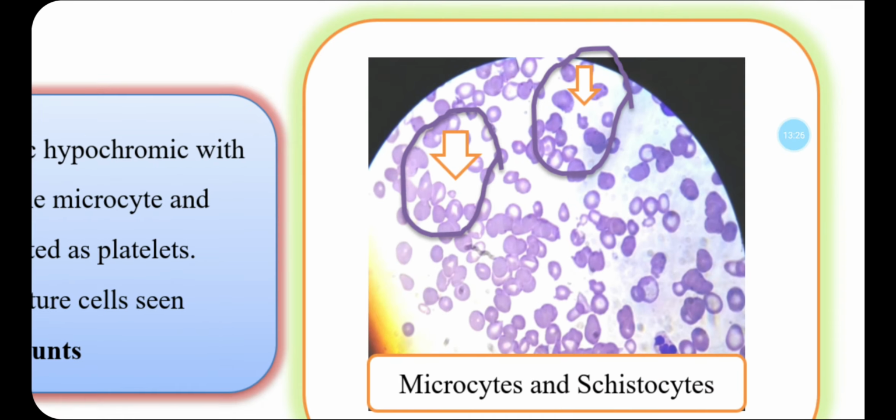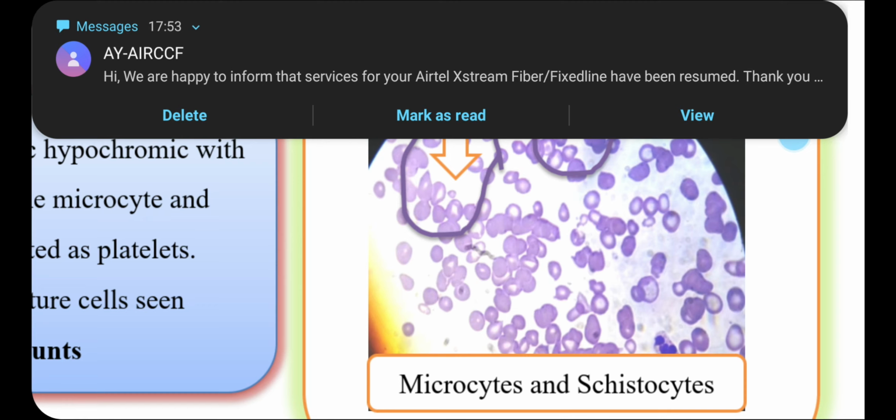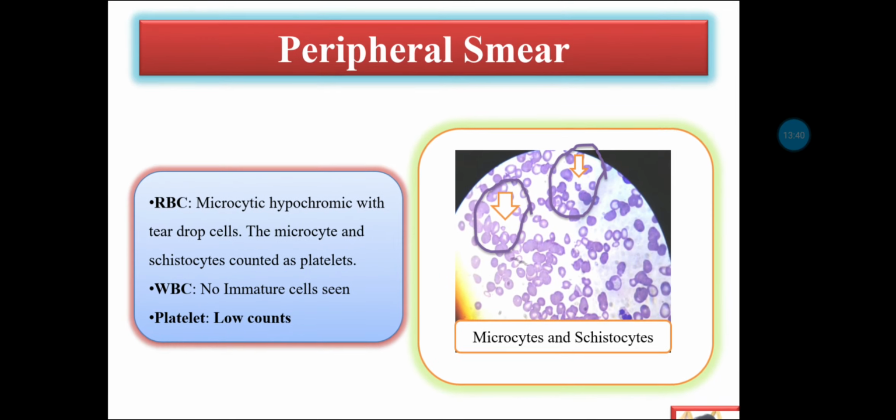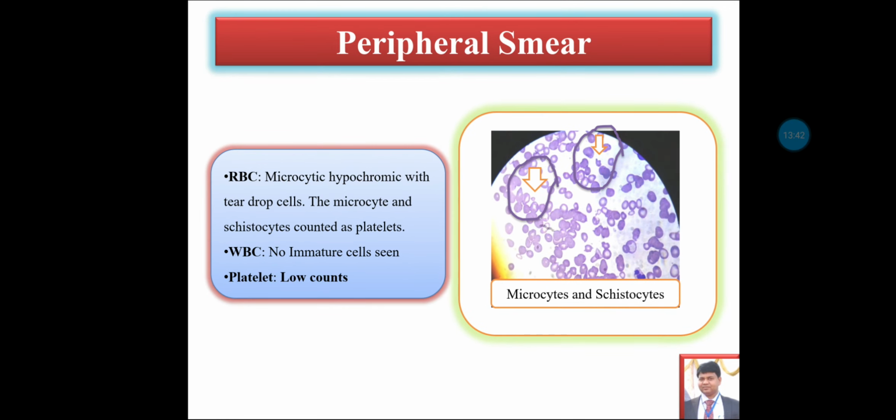In the smear you can see the blood smear is showing fragmented RBCs or schistocytes along with microcytic RBCs, and teardrop cells are also evident. Because these cells have attained the size of platelets and were counted as platelets, the plotted platelet count is high compared to the actual count.